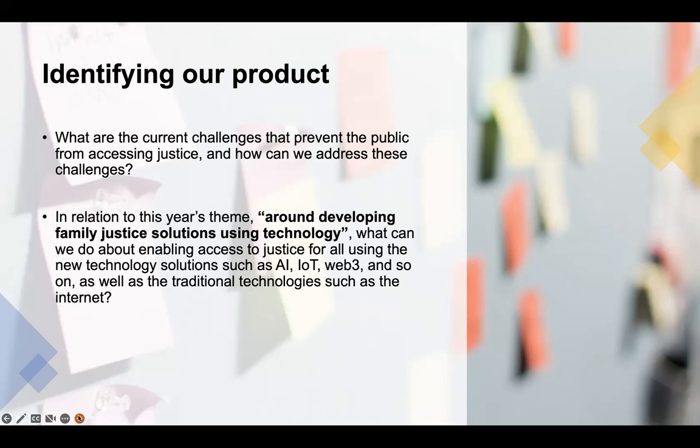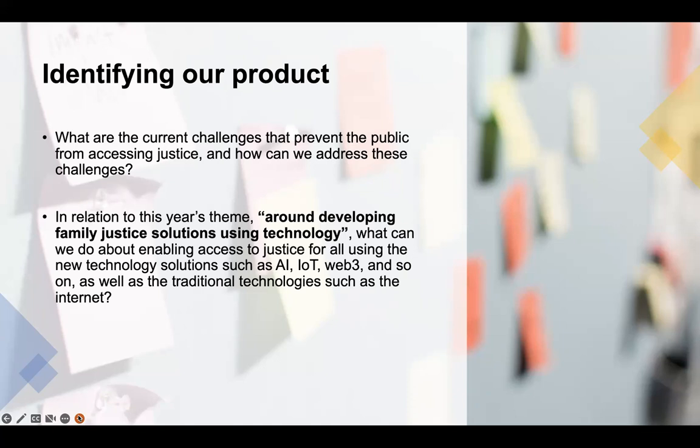How can we use technology to enable access for these people? Using new technology solutions such as artificial intelligence, Internet of Things, Web3, and so on, as well as traditional technologies such as the internet, because not everybody has access to the new technologies. There are high-end solutions that have artificial intelligence, for example.